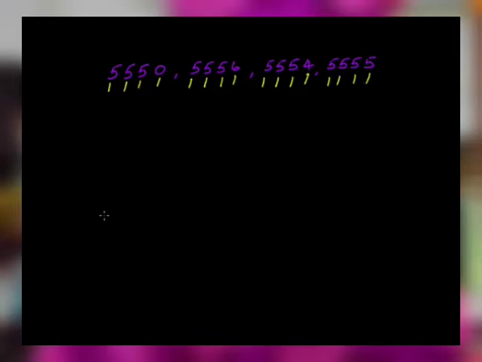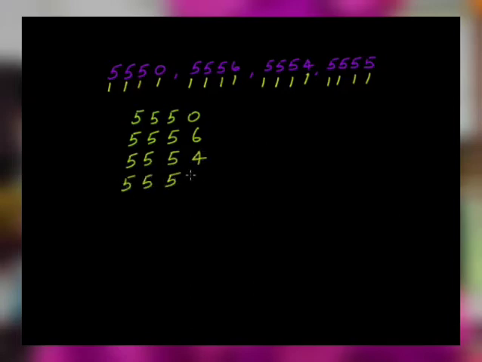So these are all 4 digit numbers. So write it here: 5550, 5556, 5554, and 5555.